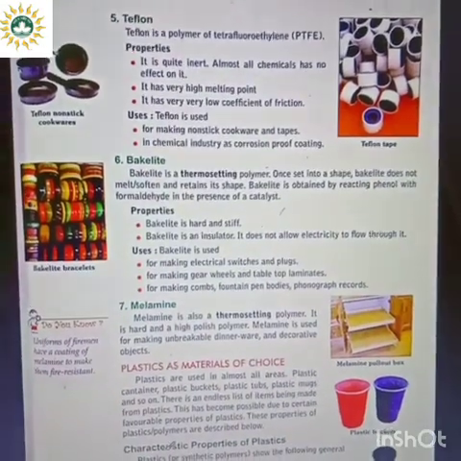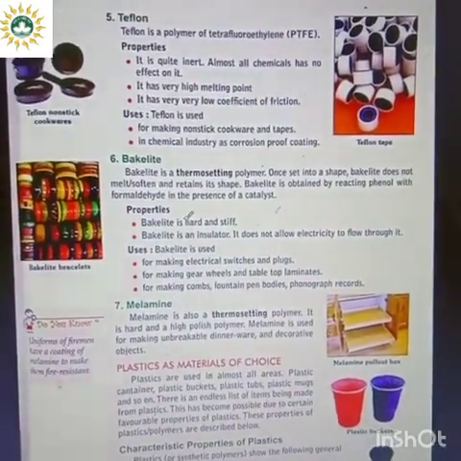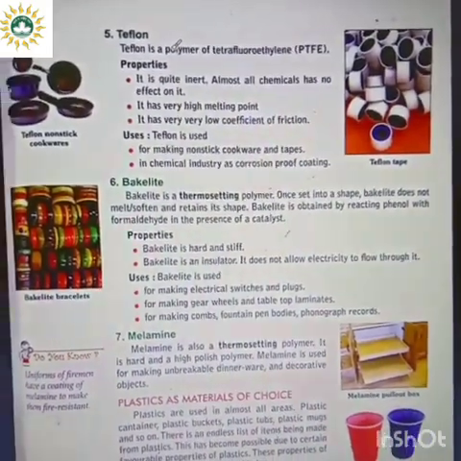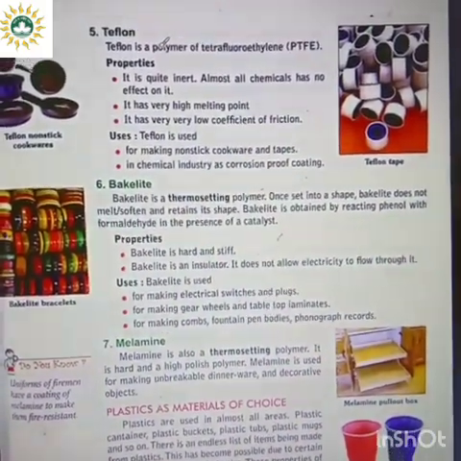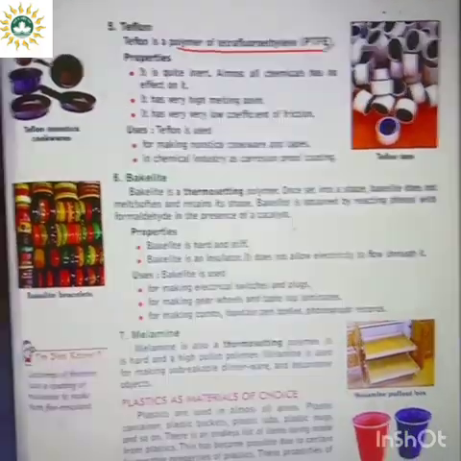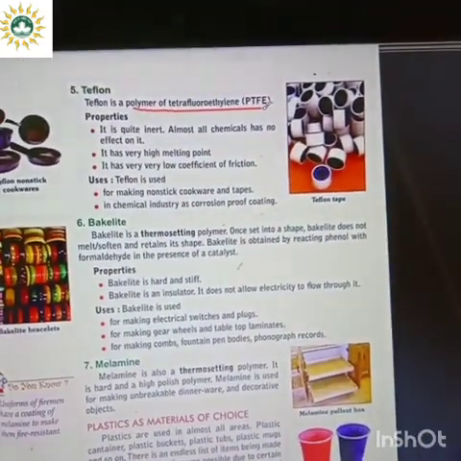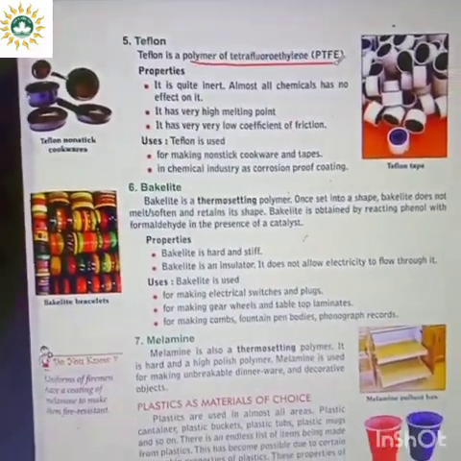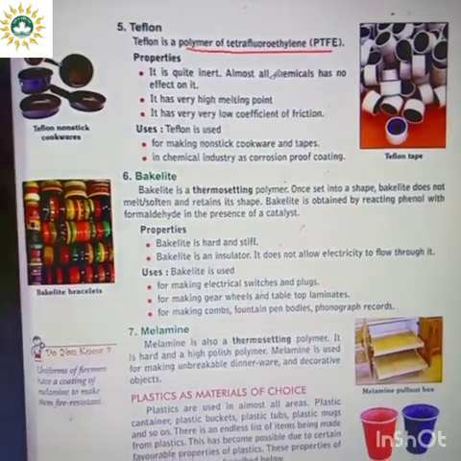And then next comes Teflon. Now Teflon is also a type of synthetic plastic which is a polymer of tetrafluoroethylene. Okay, tetrafluoroethylene is a compound which, when it joins and forms a long chain, Teflon material or plastic is obtained, and it is quite inert.